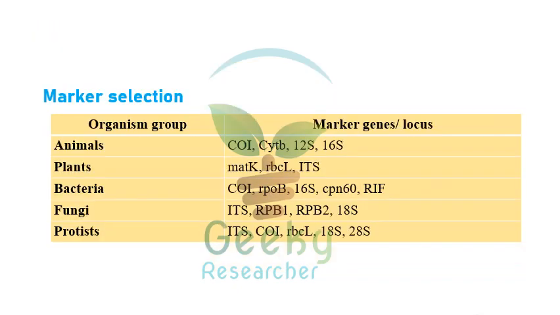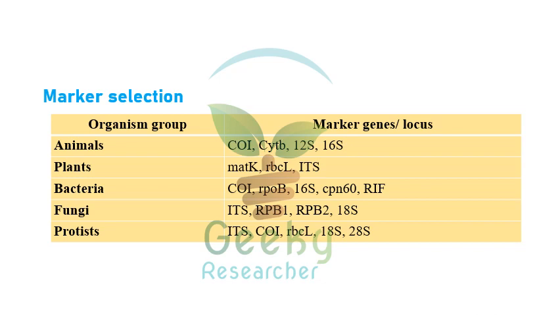Coming to marker selection, these are some of the markers available in DNA barcoding. For animals, COI, CYTB, 12S, 16S were used. For plants, MATK, RBCL, ITS. For bacteria, COI, RPOB, 16S, and CPN60, RIF.